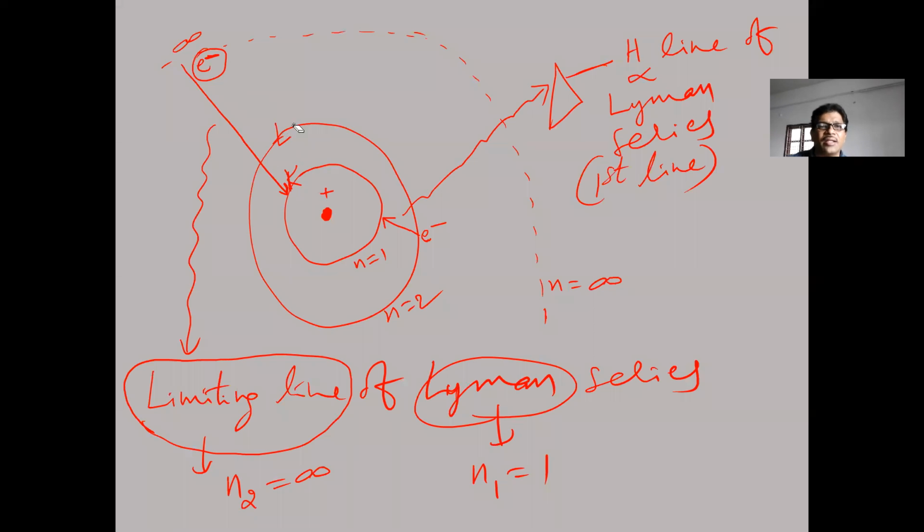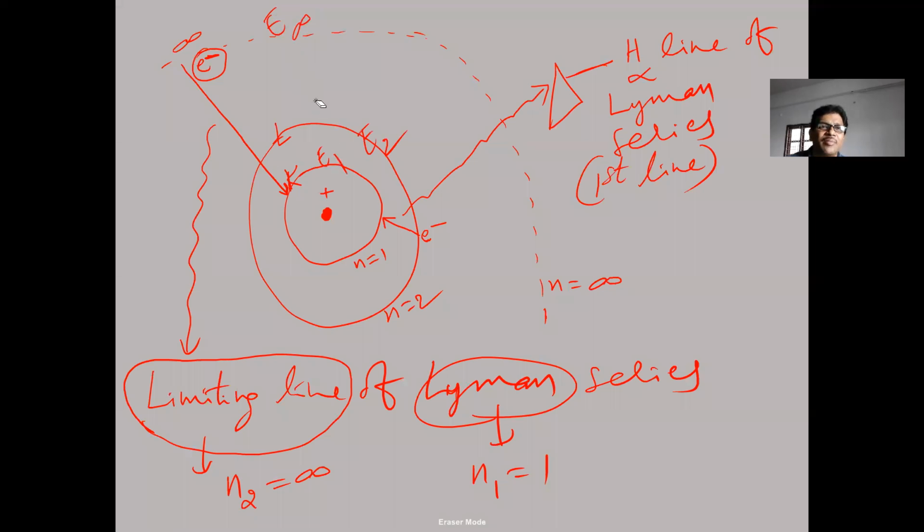Now, first, from the diagram, we try to understand theoretically. Is the energy gap between the infinity orbit and the first orbit greater, or the energy gap between the first orbit and the second orbit? The energy of the infinity orbit is E infinity, and the energy of the first orbit is E1. So this gap is E infinity minus E1.